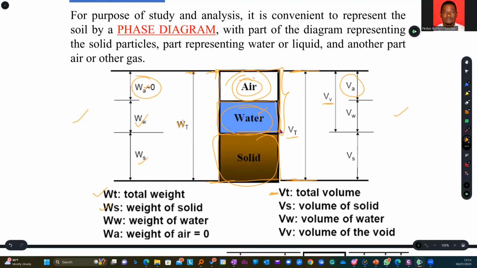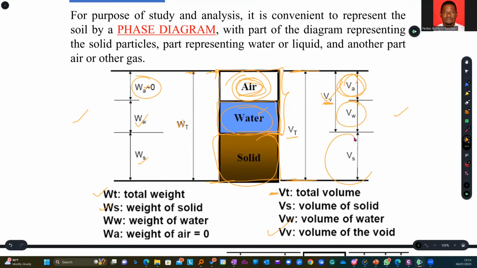Remember that the sample initially had solid particles and void or empty spaces, and these empty spaces can be filled with water or air. The spaces occupied by air are VA, the volume of air, and the volume of water is VW. Together, volume of air and volume of water are called the volume of voids, VV.